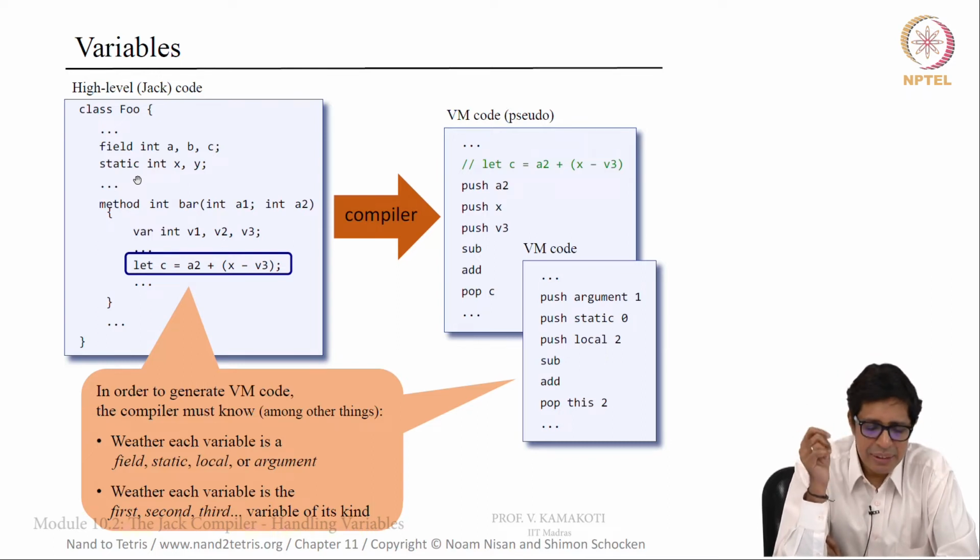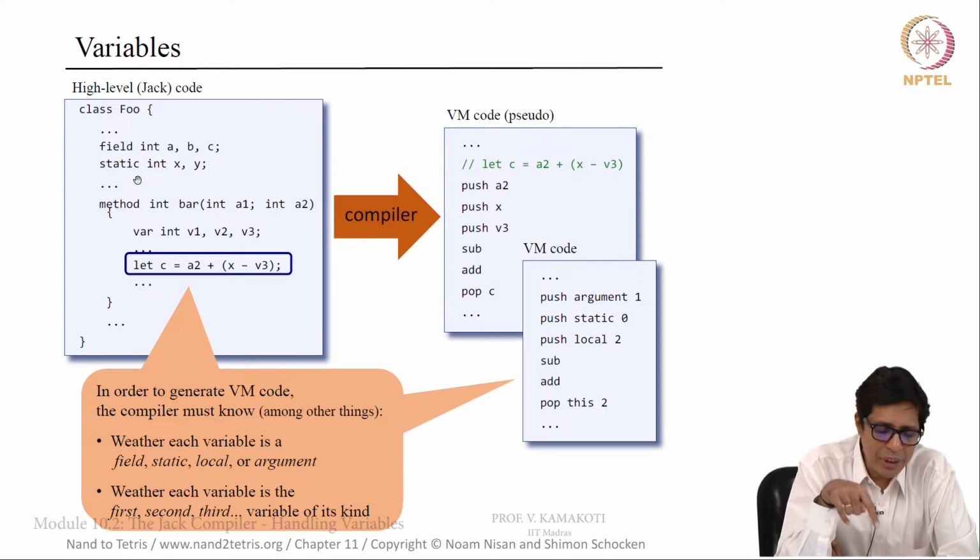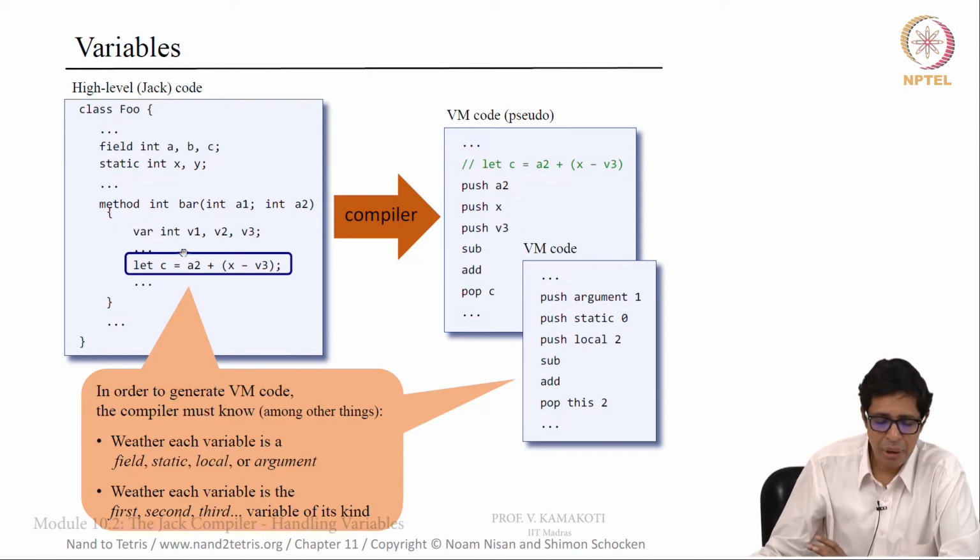Keeping that in mind, similarly the argument segment tells you, when I am executing method bar, that a1 will be stored in the 0th location and a2 in the 1st location. There is a local segment in which v1, v2 and v3 will be stored in 0, 1 and 2.